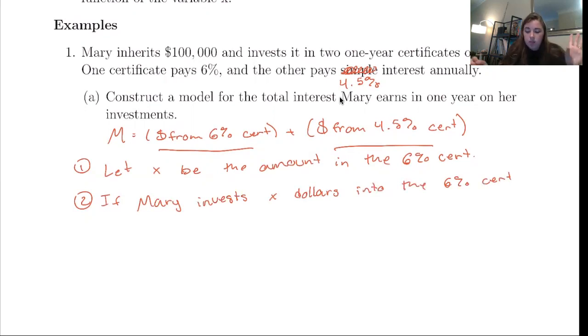If she has $100,000, she's investing all of it into these 2 accounts. She's taking X of it into the 6%. How much is going into the other one?